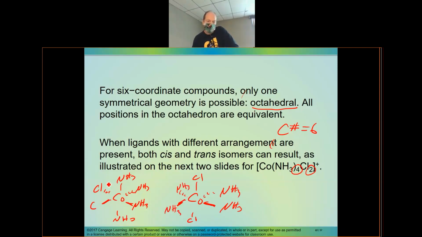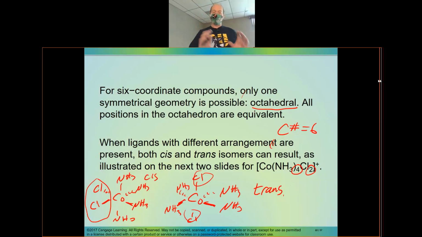So when your Cls are 90 degrees away, that is your cis isomer. And when they are 180 degrees away, this is the trans isomer. So you can have cis and trans for square planar. You can also have cis and trans for your octahedral. 90 degrees away versus 180 degrees away.